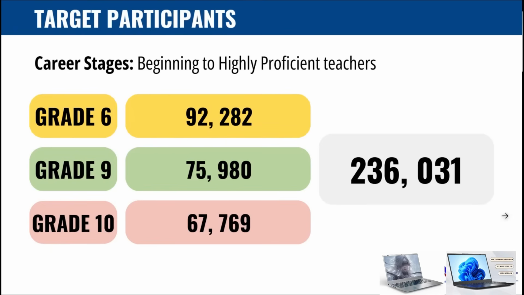Okay, our target participants. Who are we training for this third and last phase of the revised curriculum training? We are catering to beginning to highly proficient teachers. And we have the specific figures on screen.